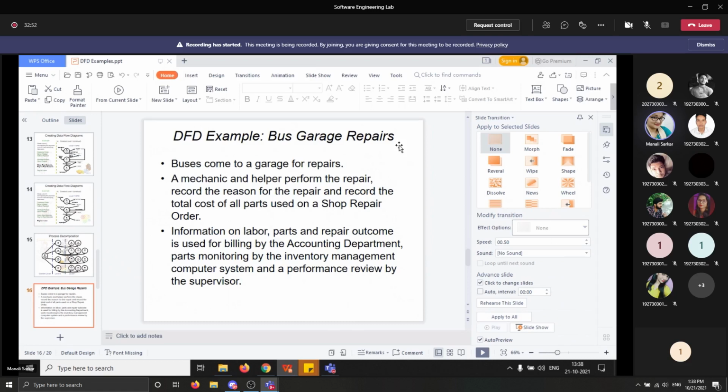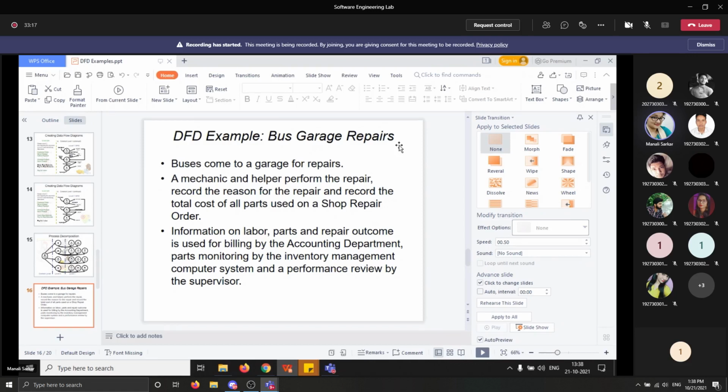A mechanic and helper perform the repair, record the reason for the repair, and record the total cost of all parts used on a shop repair order. Next, information on labor, parts, and repair outcome is used for billing by the accounting department, parts monitoring by the inventory management computer system, and a performance review by the supervisor.